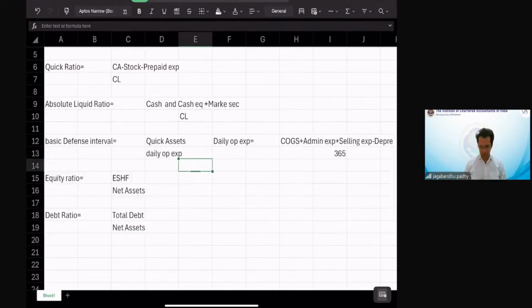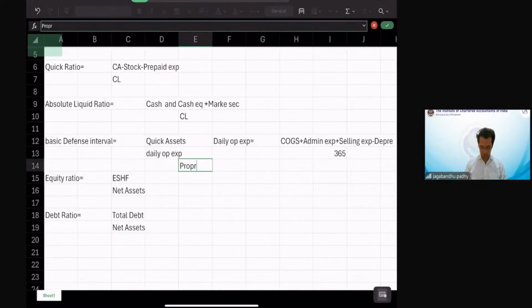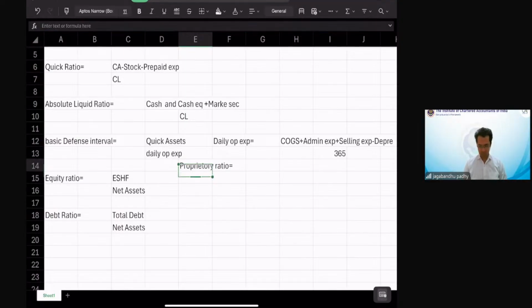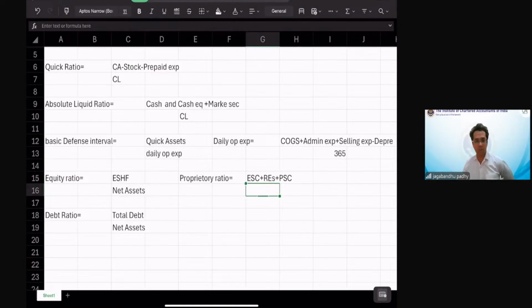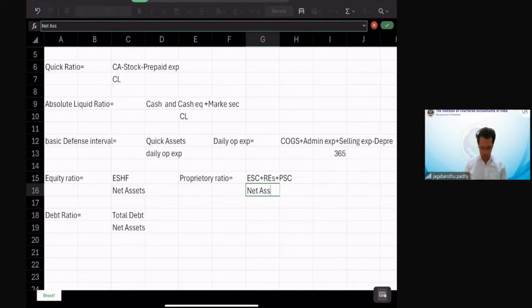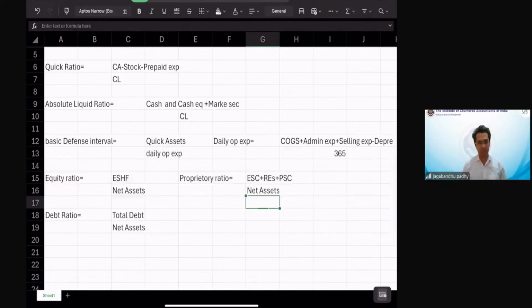Then proprietary ratio. Proprietary ratio will be equity share capital plus reserves plus preference share capital, because we are talking of owned funds over here, upon net assets.